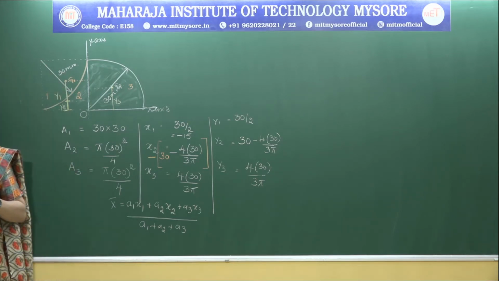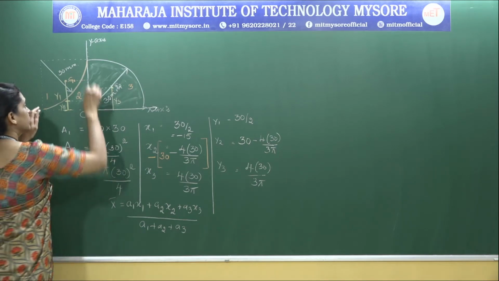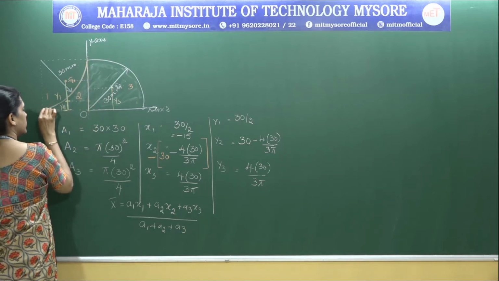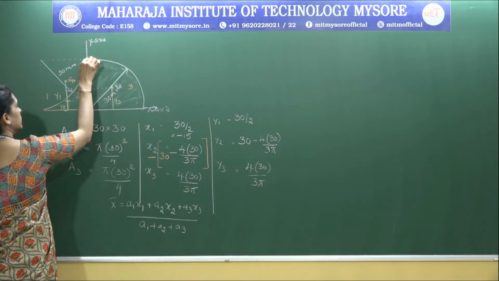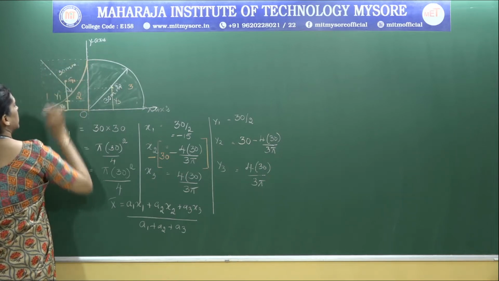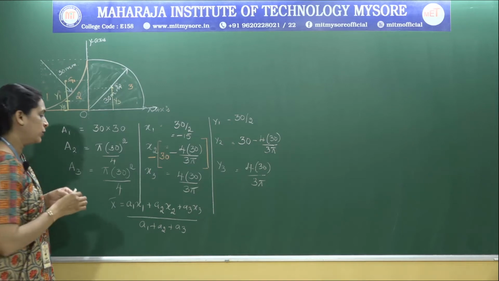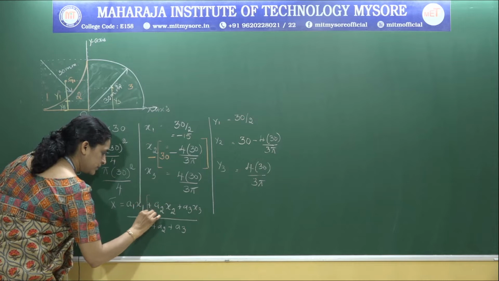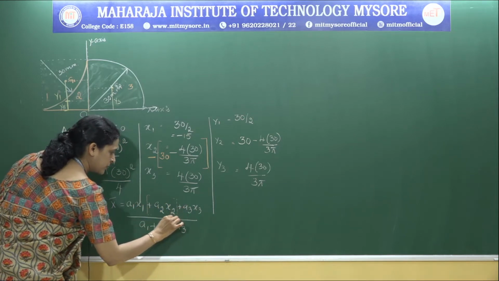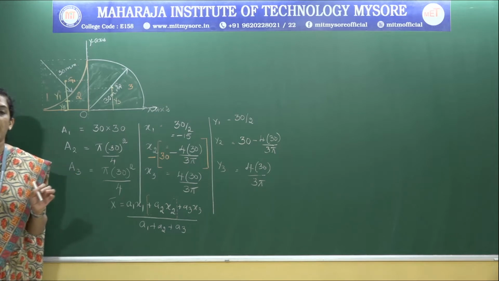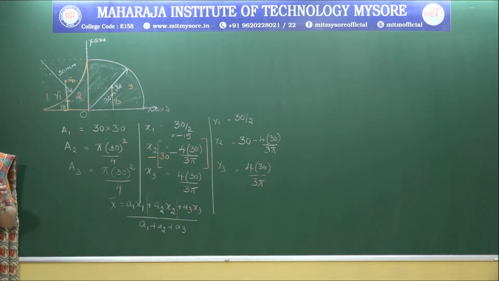Fine. So now we can see that this second part, that is the quadrant of a circle, has to be considered negative. So we shall notice that the second area is to be considered as negative.